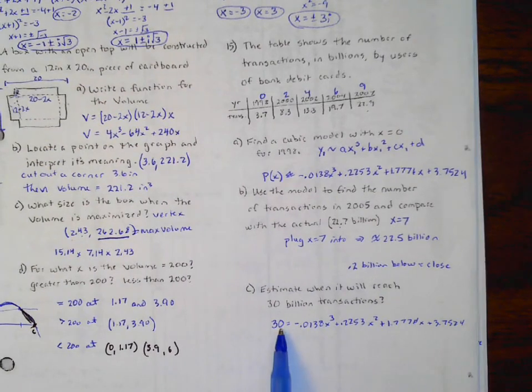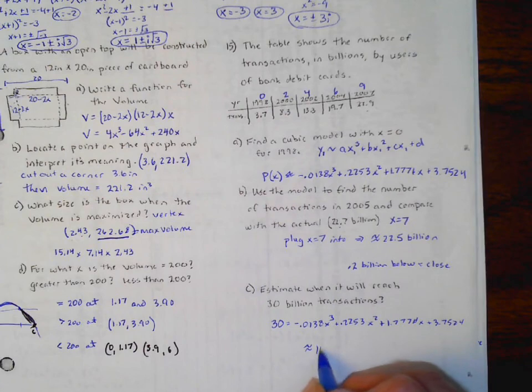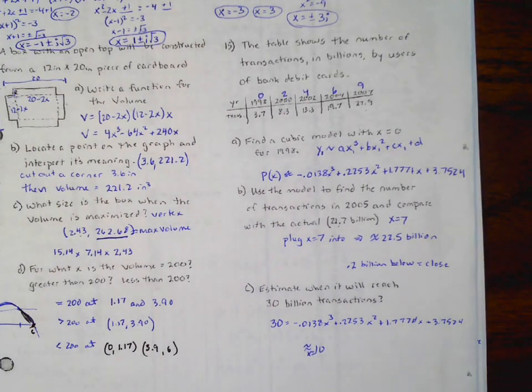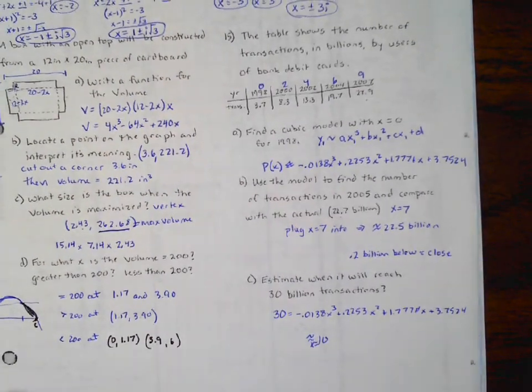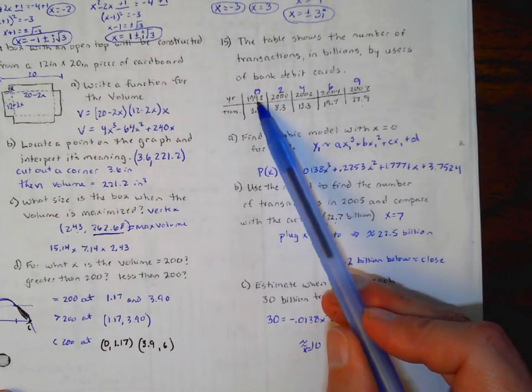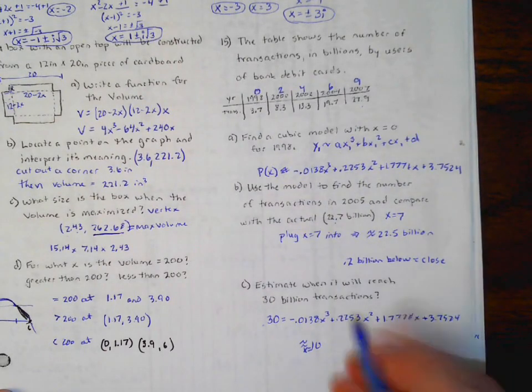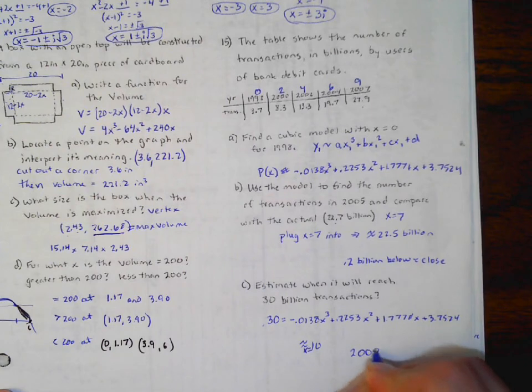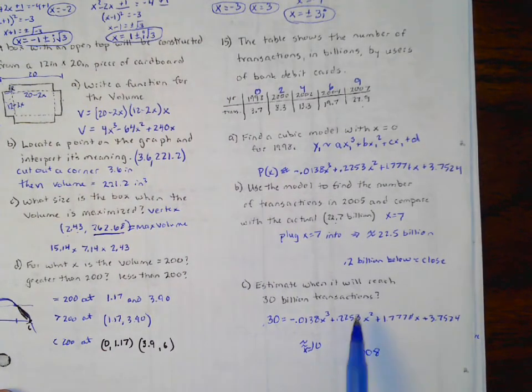Look at where y becomes 30, and it's right around where x equals 10. It's pretty close to where x equals 10. So if this is 0, 10 years later would be 2008. So in around 2008 we'd have reached 30 billion.